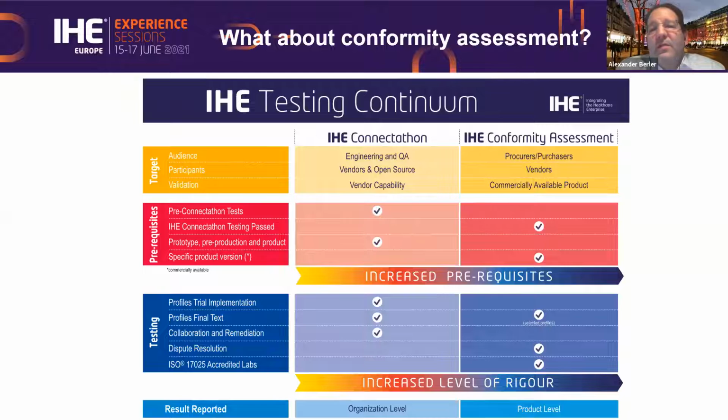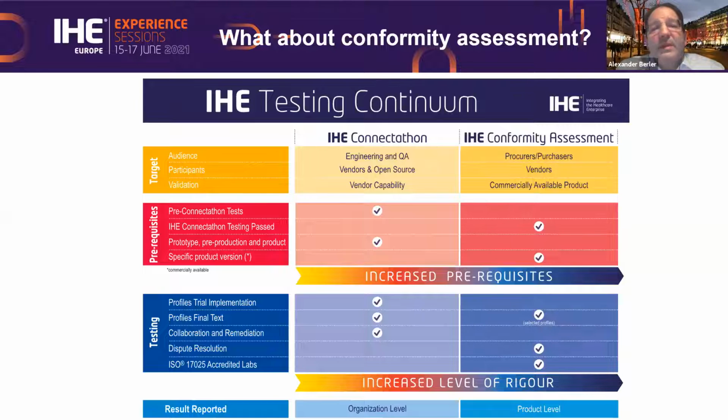Just a few words about conformity assessment, so that we have a complete view of the approach related to the testing continuum. Again, we can compare the conformity assessment testing related to the Connectathon, which is the usual approach.